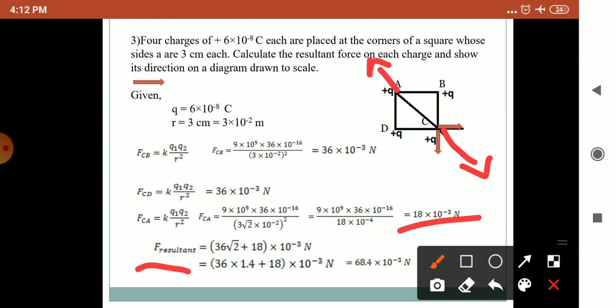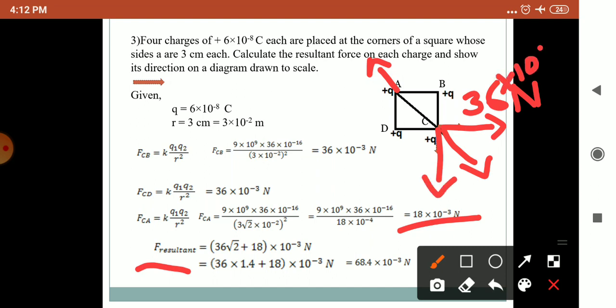Actually, how are we getting this 36? Here it is 36 into 10 raised to minus 3, same here, 36 into 10 raised to minus 3. And its resultant, if we draw that square here, this value will be 36 root 2.